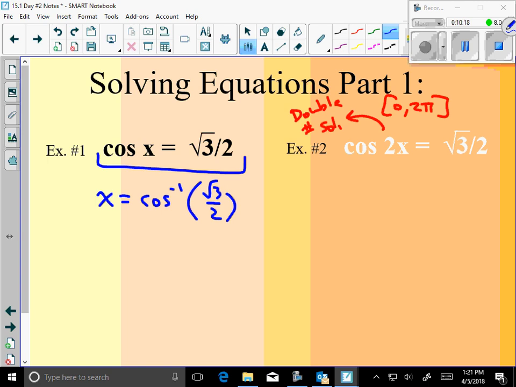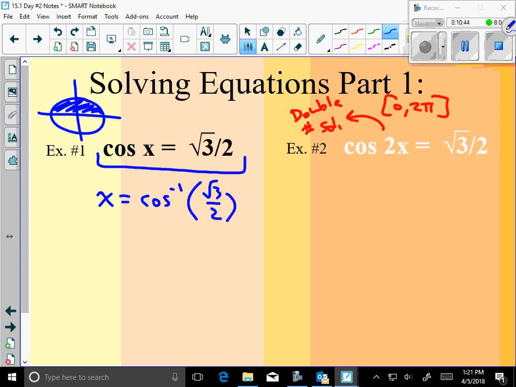Between 0 and 2 pi, how many solutions would there be? 2. Kind of. Ready for this? Now how many solutions will there be? Only one. There can only be one solution here because we're using inverse or arc.